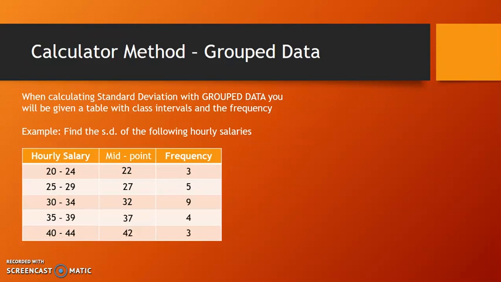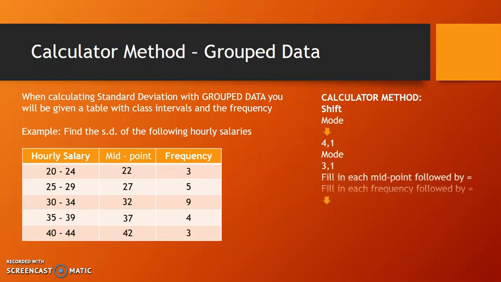Okay, next you have to learn these steps for the calculator method. So switch your calculator on, press the shift, then the mode, and then the down arrow on the big circular button in the center of your calculator. Then 4, 1, and then mode again. 3, 1, and then you're going to start by filling each midpoint followed by equals.